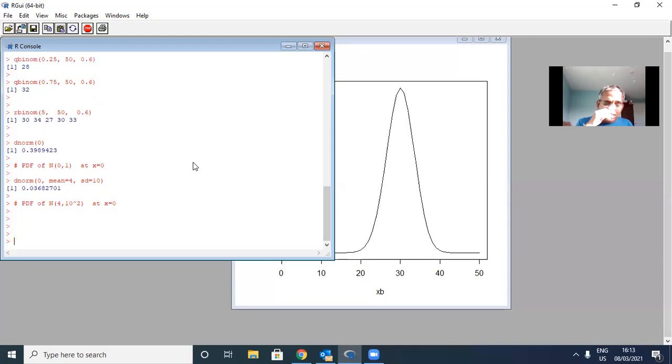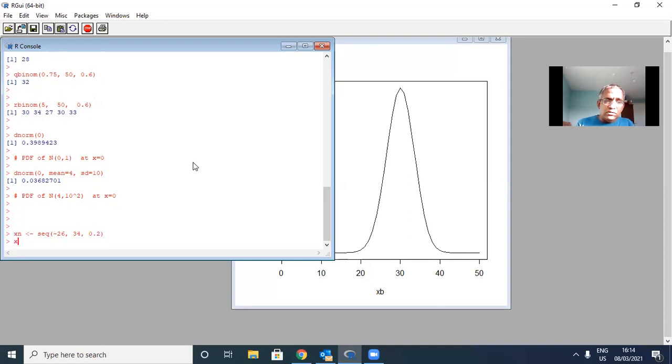Okay, and similarly, just like in the binomial case, you can plot the density of the normal distribution using the plot command. So let me show you.